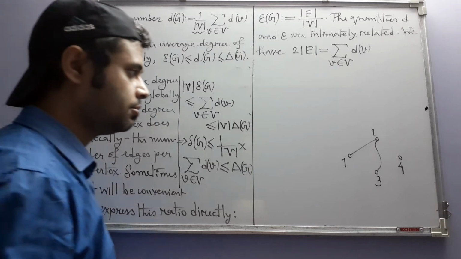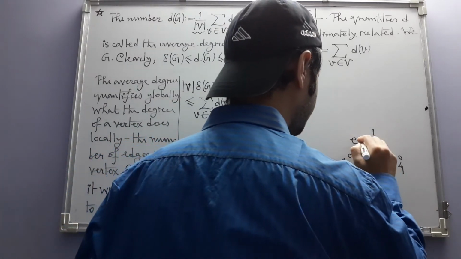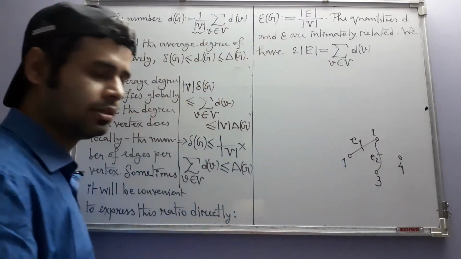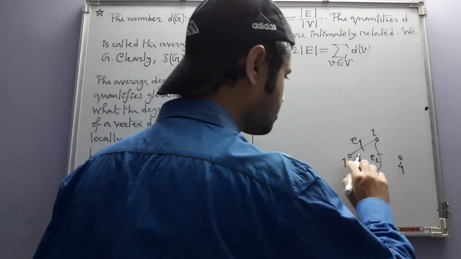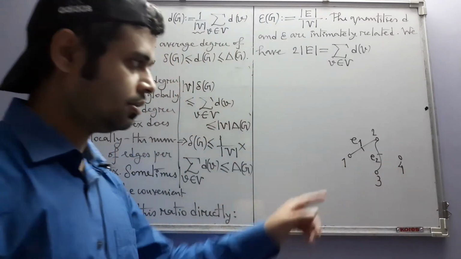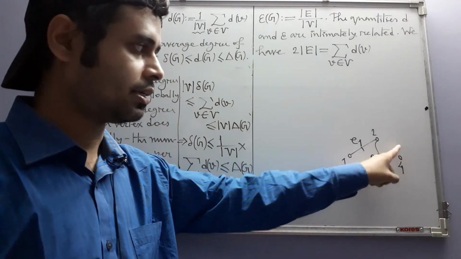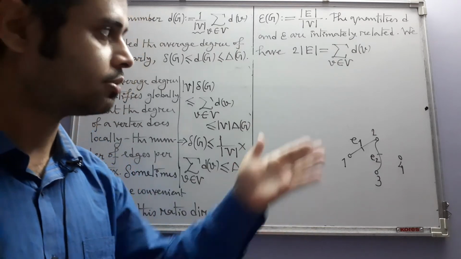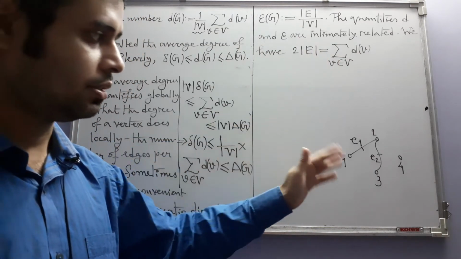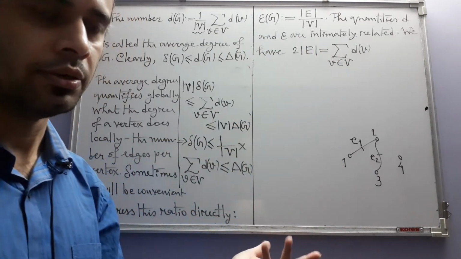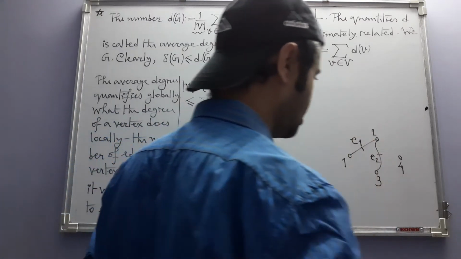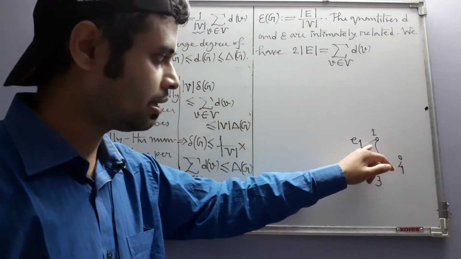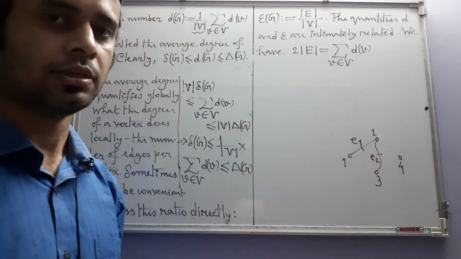How is this true? Say you have 2 edges here, E1 and E2, this edge and this edge. If you have a vertex that is isolated, clearly that vertex does not contribute anything to the sum of the degrees, because d of that vertex will be 0. Other vertices will have degree, but note that those degrees are actually arising because of these edges.